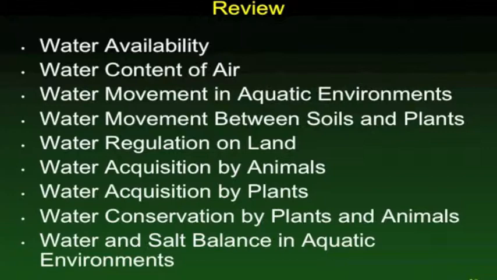And animals that live in the water, if they live in fresh water, are faced with a situation of being flooded by water all the time, and they have to find ways to eliminate that water. So both animals and plants are balancing their salt and water concentrations in order to survive in a fairly harsh environment.